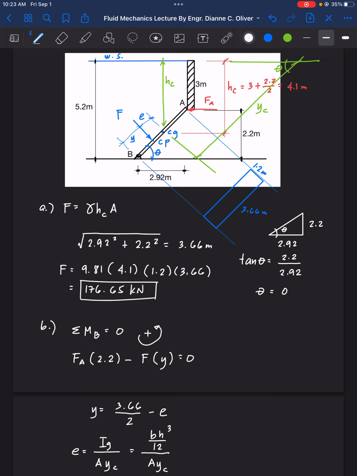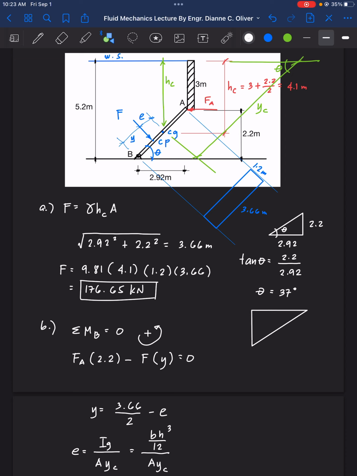So inverse tangent of 2.2 over 2.92 is 36.995, or let's just say 37 degrees.